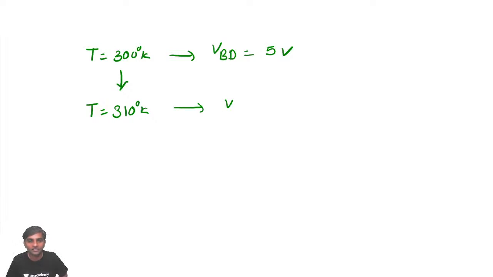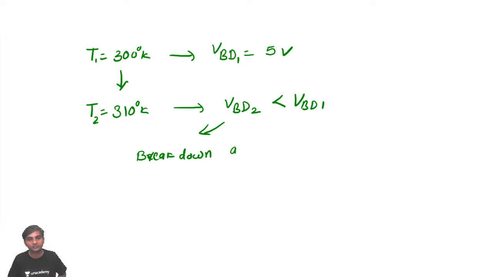Now, what is it saying, sir? Let's say this is VBD1 at T1, and this is VBD2 at T2. VBD2 should be less than VBD1. It means breakdown occurs before VBD1.